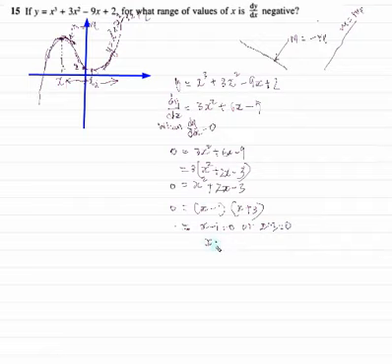So x equals 1 or x equals minus 3. In other words, this point here is x equals minus 3, and this point here is x equals 1.